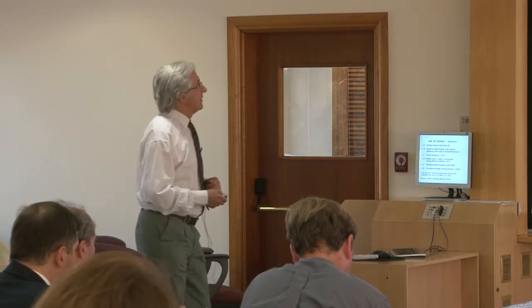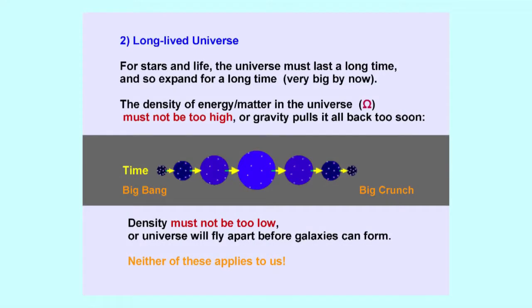Now, I talked about one or two things. Let's talk now about why the universe must be long-lived. Well, it actually takes time for all these processes to occur. The universe has to last long enough, and we have an expanding universe.